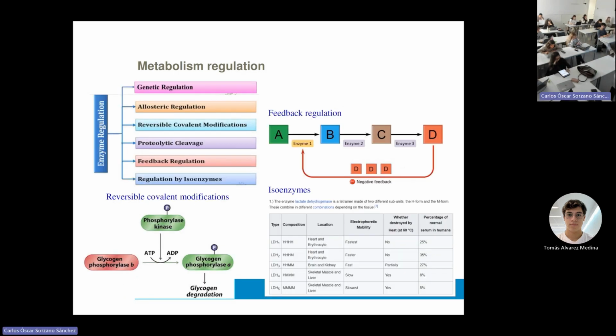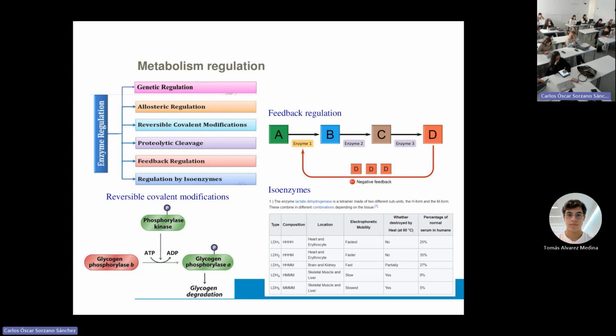So you have to regulate the enzyme and you have to regulate the biochemical reaction, at which speed this is happening. So there are possible ways to regulate these, and here I'm showing 3 of them.